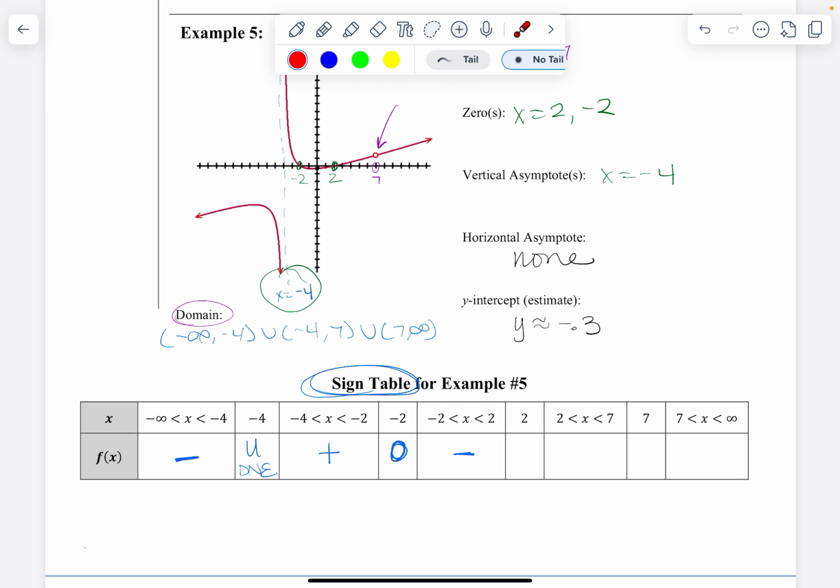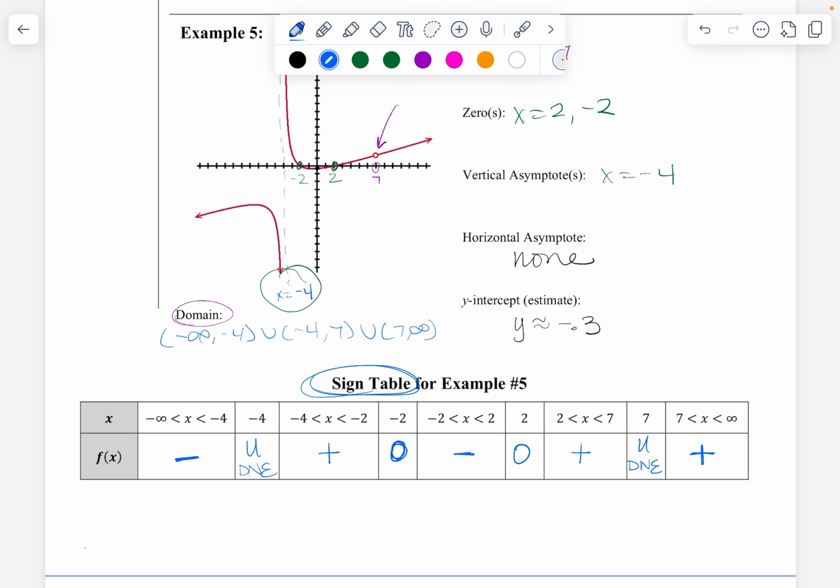At 2, we're again on the x-axis, so that's a 0. From 2 to 7, we see that it's above the x-axis, so that's a positive. At 7, this is a hole, so we know a hole is undefined, or you can say does not exist. And then from 7 to infinity, that's above the x-axis, so it's positive.